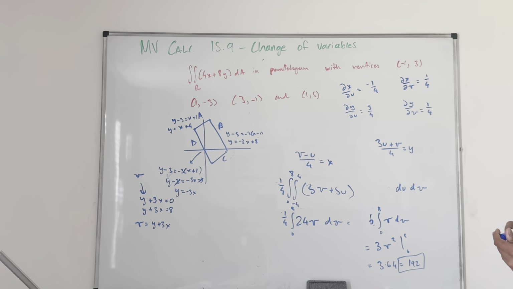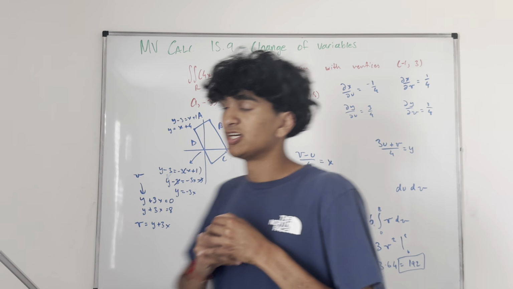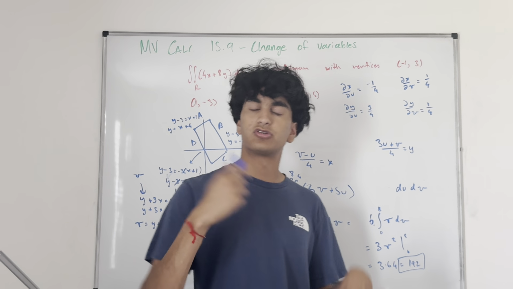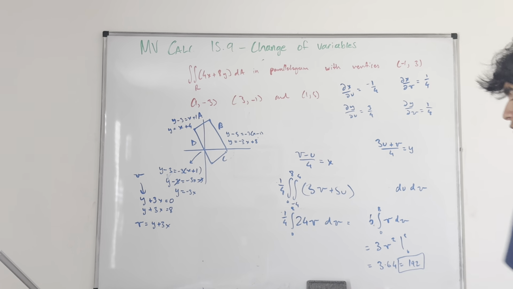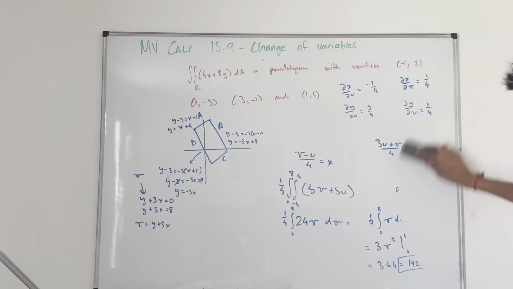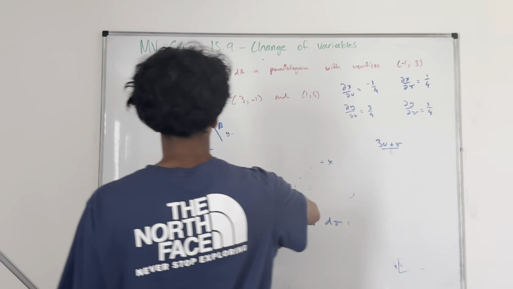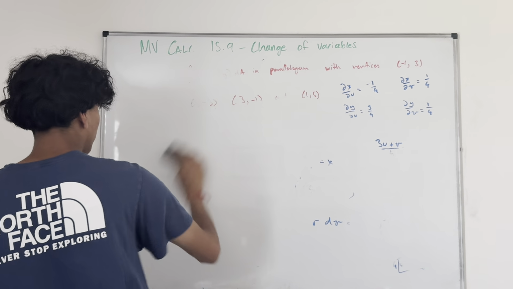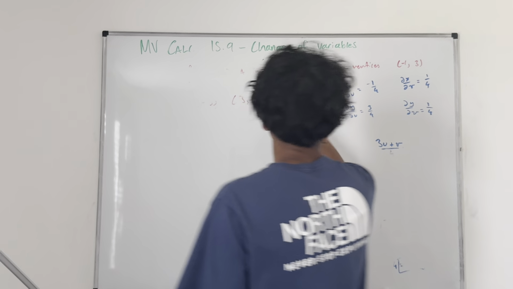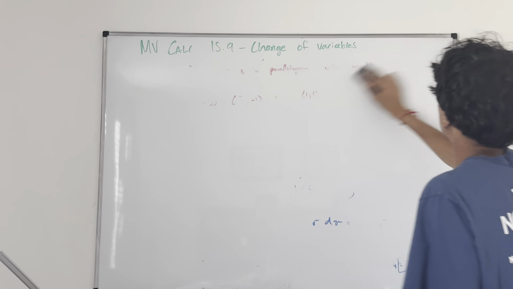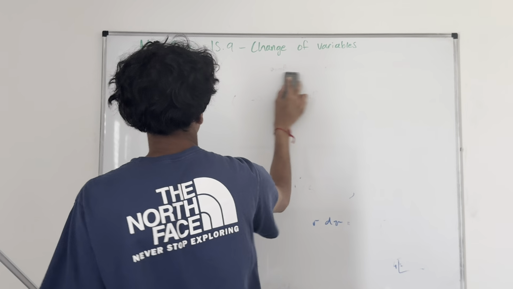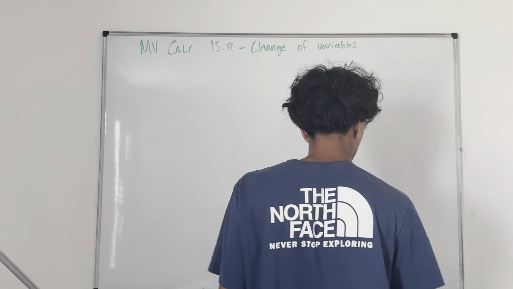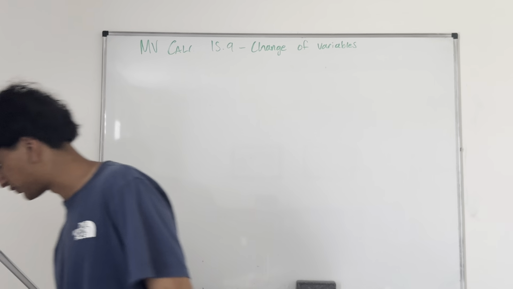One thing I want to show you is that we've actually done change of variables in double integrals and triple integrals before. Think about polar integrals. When we did double integrals with polar coordinates, that's a change in variables. We changed the dx. So let's say they give us an example.